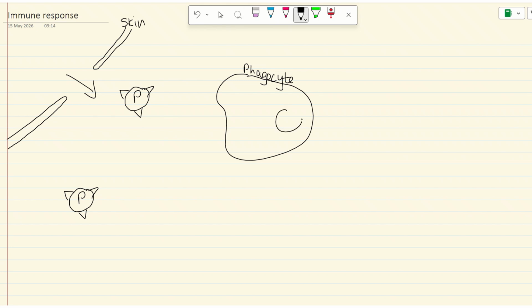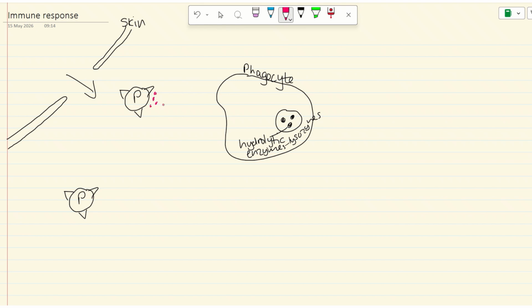We came across phagocytes at GCSE. The phagocyte has inside it a vesicle that has hydrolytic enzymes, or lysozymes. And the pathogen, when it enters, is releasing chemicals.